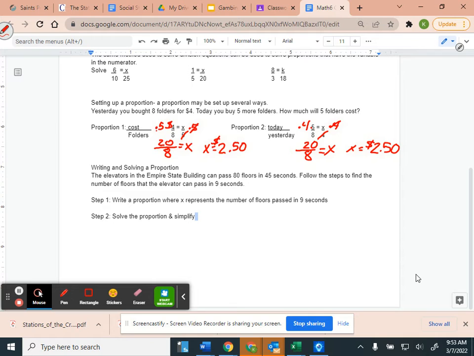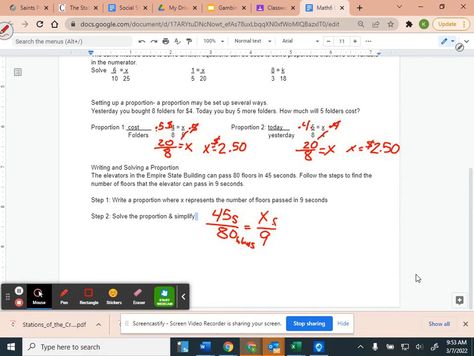Anthony, how can I set up my proportion? 45 over 80. X over 9. So let's look at that. Remember what I said, what we need to do is have consistency. So it's 45 seconds over 80 floors.